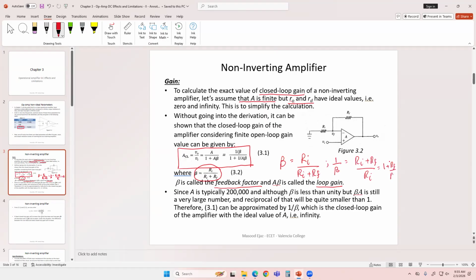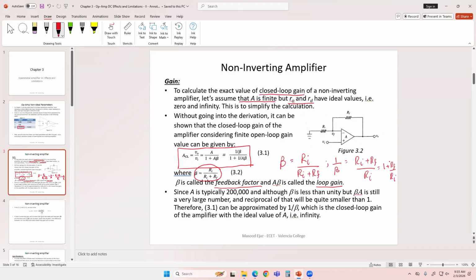What do you see? It is the closed loop gain of the non-inverting amplifier, the expression that we have derived so far. So 1 over beta is the ideal closed loop gain value for the non-inverting amplifier.